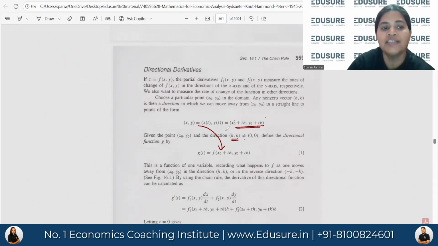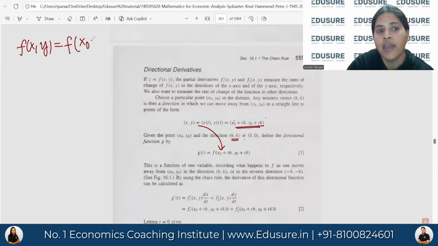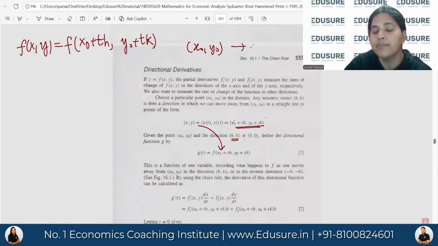So what is the directional function? My f of x, y got converted into f of x naught plus th and y naught plus tk. Obviously here x naught and y naught is a particular point, so it's a constant point. It does not change.